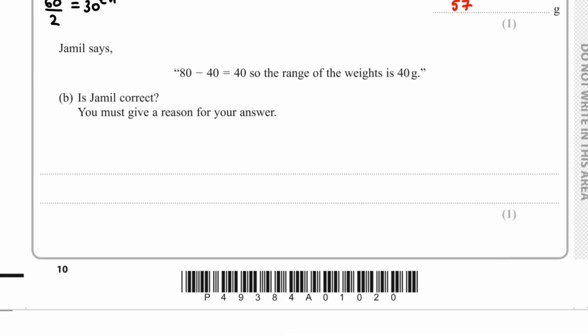Now for part B, Jamil says 80 take away 40 is 40, so the range of the weights is 40. Is Jamil correct? You must give a reason for your answer.